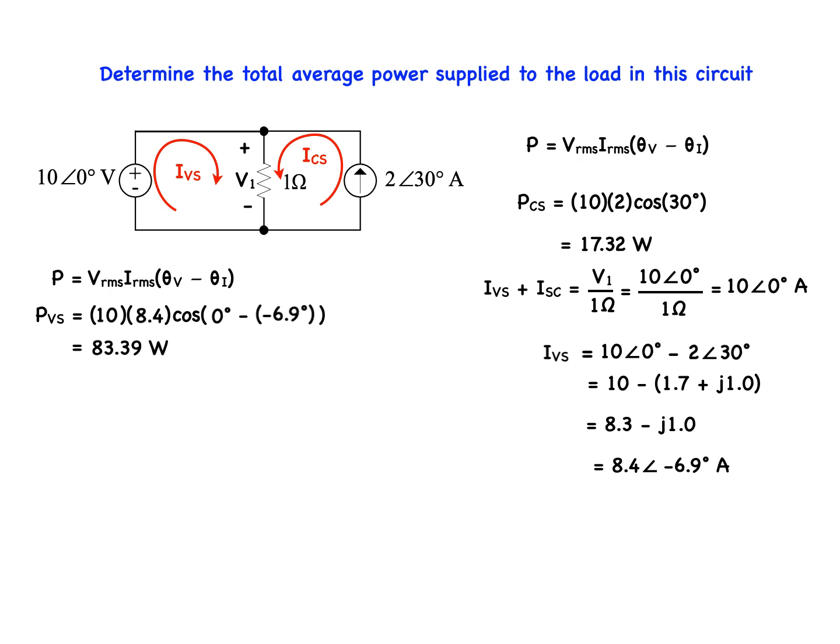Now, the total average power consumed is simply the arithmetic sum of the power supplied by the current source and the voltage source, which is the total power, PT, equal to PCS plus PVS, which is 83.39 watts plus 17.32 watts, or 100.71 watts. And we're done.